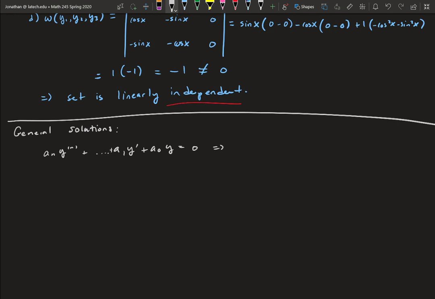There are n linearly independent solutions to this equation, and that set is y1, y2, ..., yn. So there are n linearly independent solutions to this nth order linear equation.